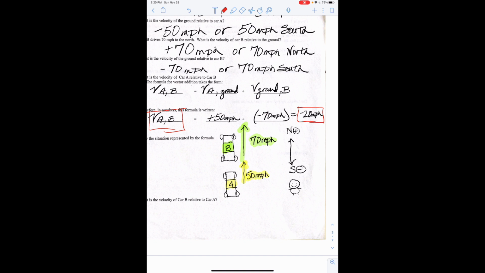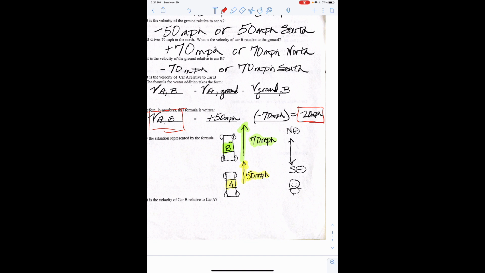So this says the velocity of A relative to B. So since it's relative to B, you are a passenger in car B. So you are watching the same thing play out as a passenger in B. All right. So as a passenger in B, you are gradually pulling away from A. But remember, if you're in car B and you're the passenger, then you're not moving. So what you see is car A just drifting off into the sunset, right?